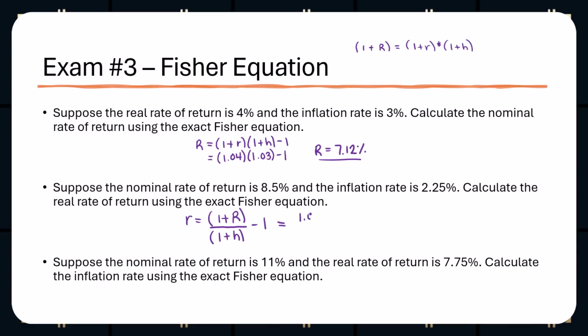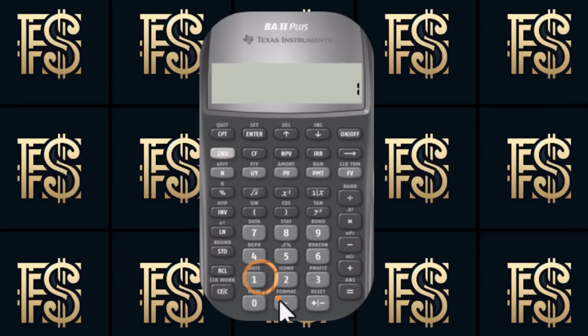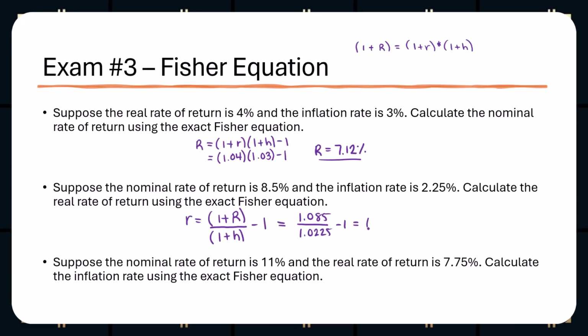That is, we will take 1.085 divided by 1.0225 and subtract 1 to find the real rate of return. All right, 1.085 divided by 1.0225, subtract 1, and we find that the real rate of return is 6.112%.